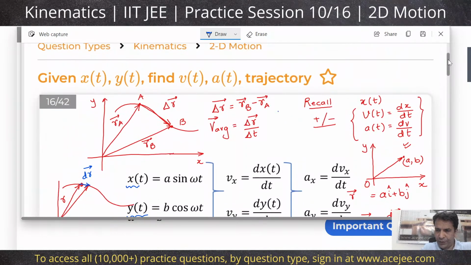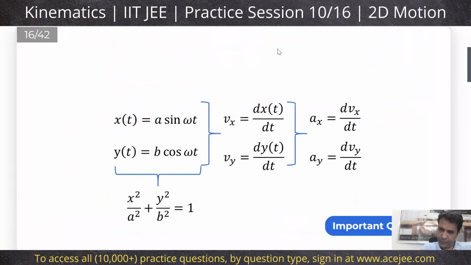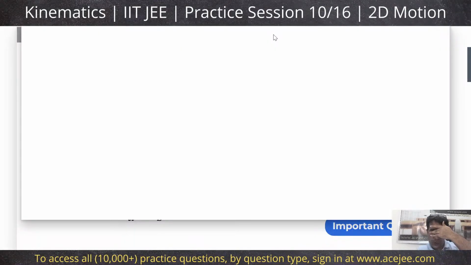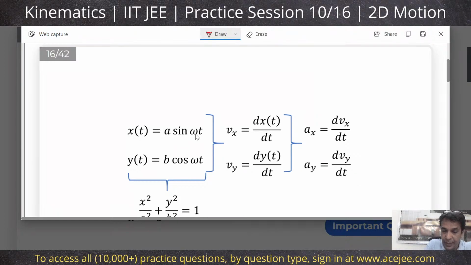Now let's revisit this particular example. Here we are given that x is a sine omega t and y is b cos omega t. So you might be asked to determine the velocity vector.